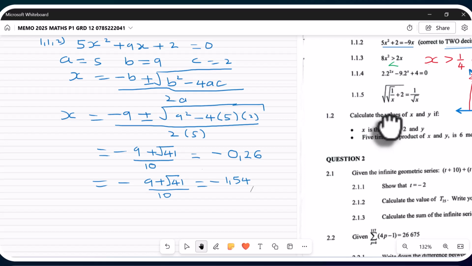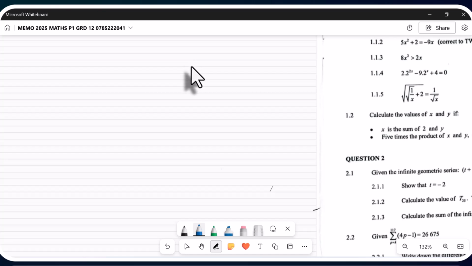It says 2 multiplied by 2 the power 2x, okay, this exponential here, and then minus 9 multiplied by what? By 2 power x, then plus 4 equals to 0.